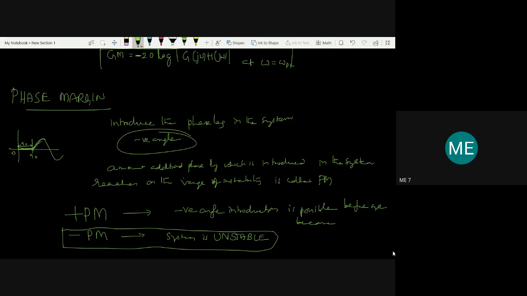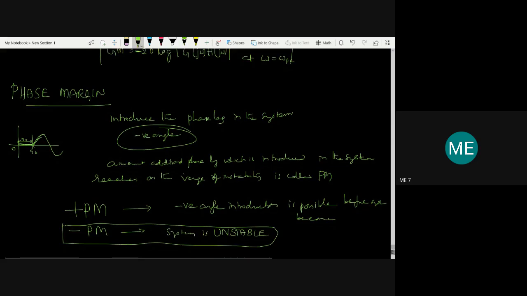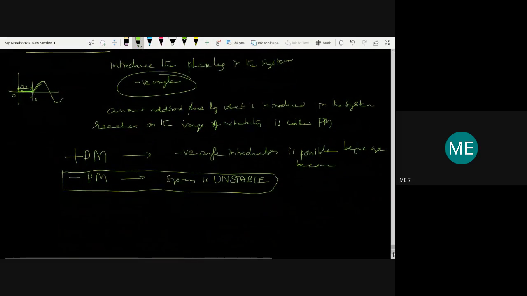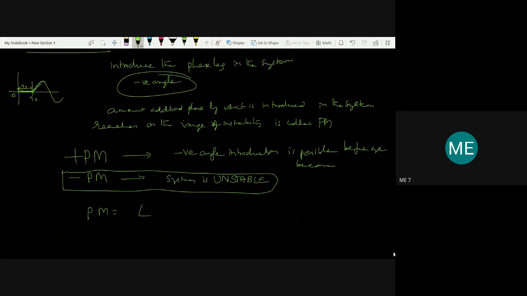How can it be expressed? PM can be expressed as PM is equal to angle of G(jω)H(jω) at ω equal to ω_GC. Phase angle is calculated at gain crossover frequency. Gain margin is calculated at phase crossover frequency.